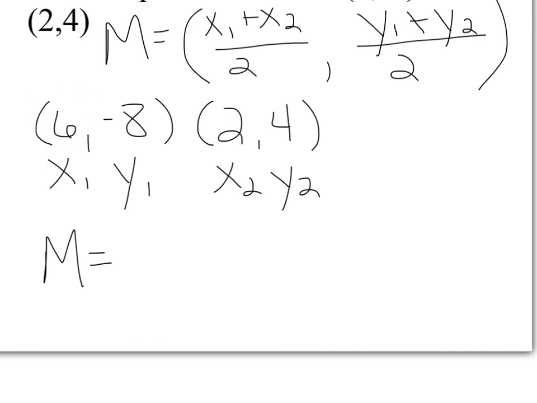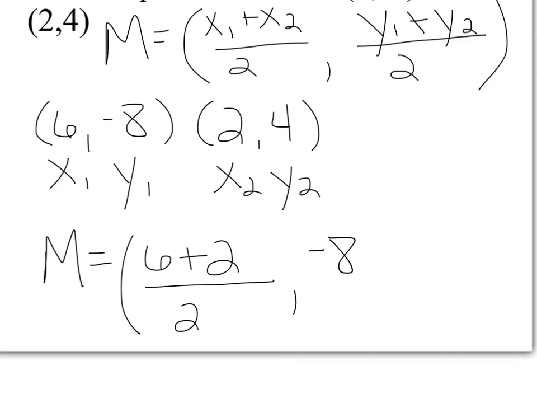This is x1. So I have 6 plus x2, which is here, just 2, over 2. And then I want y1, which is right here, negative 8, plus y2, which is right here, and is 4, over 2.